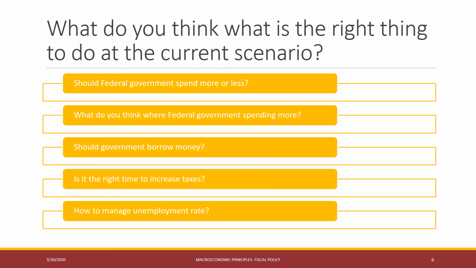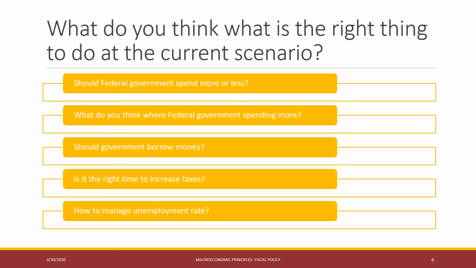Now, there must be several questions coming to your mind, and you may be thinking what is the right thing to do in the current scenario. Have you ever thought of questions like, should the federal government spend more or less?